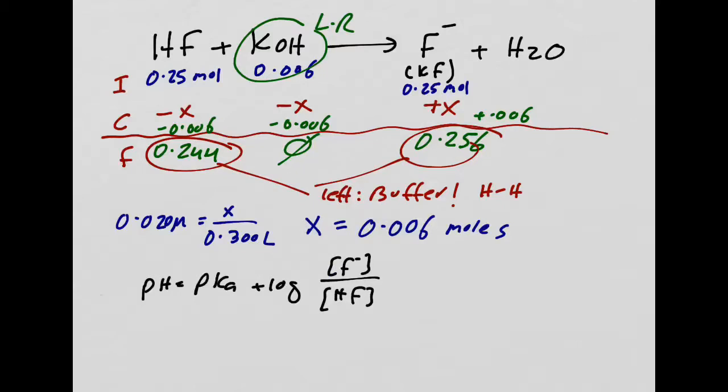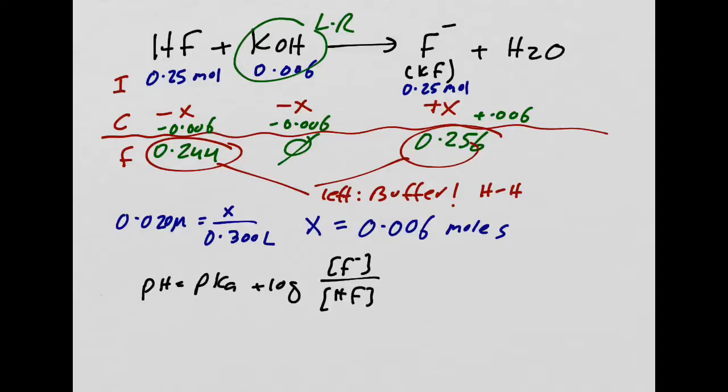Remember, when you have the HH equation, what you need is molarity. It doesn't really matter because the volume technically cancels out, but I want us to do it the right way. Here we have moles, and I want to convert back to molarity.